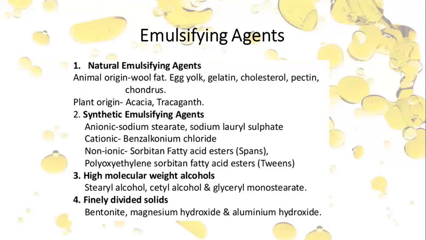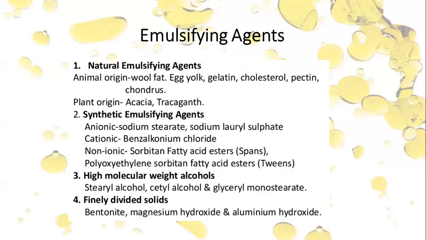So basically, emulsifying agents may be classified as follows. First one is the natural emulsifying agents from vegetable sources. These are carbohydrates, which include gums and mucilaginous substances. They are anionic in nature.